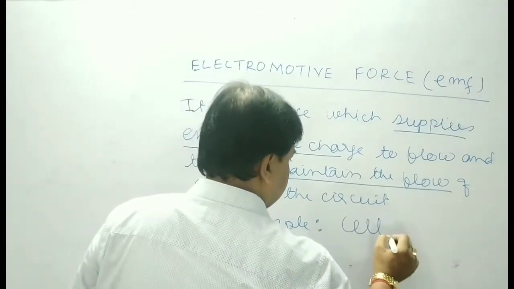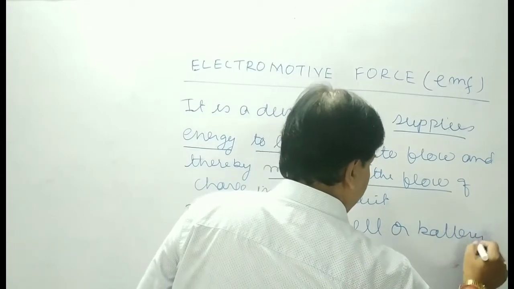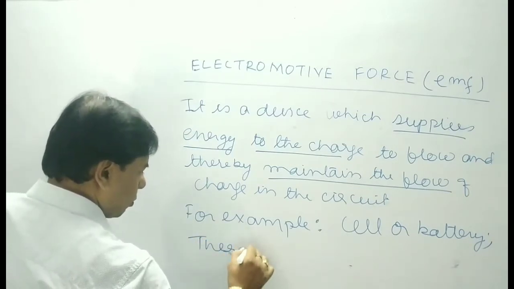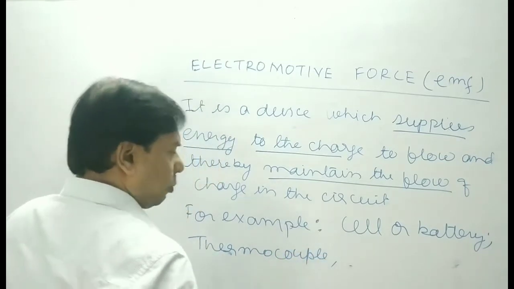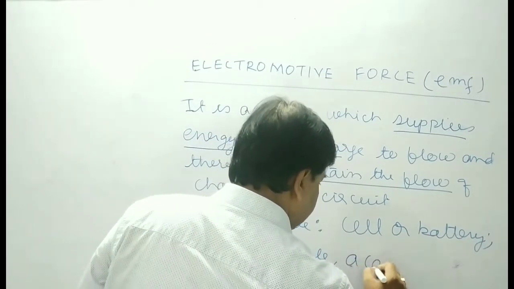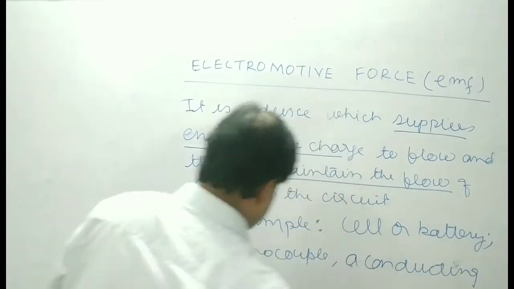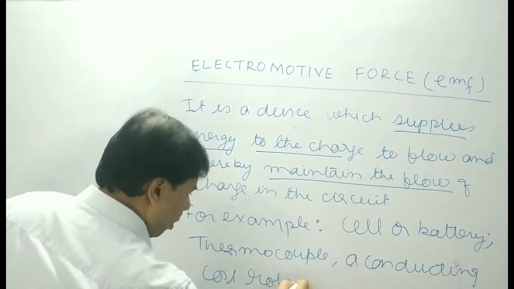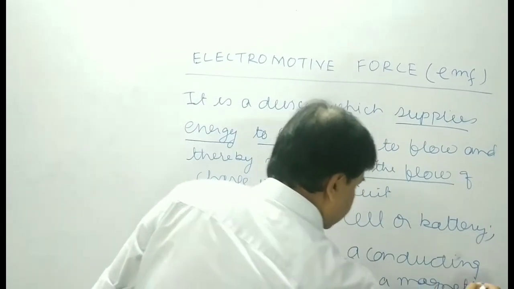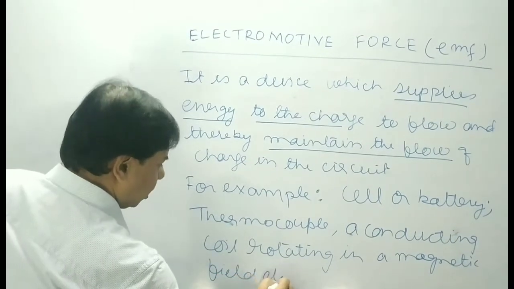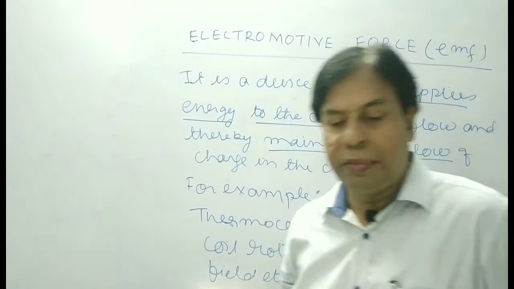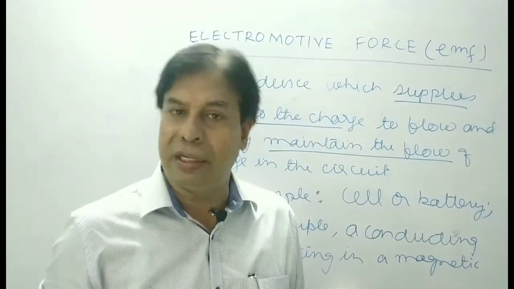cell and battery, thermocouple, a coil rotating in a magnetic field, or a conducting coil rotating in a magnetic field, etc. These are a few examples which can supply energy to the charge for the flow, meaning potential differences are developed and currents flow.